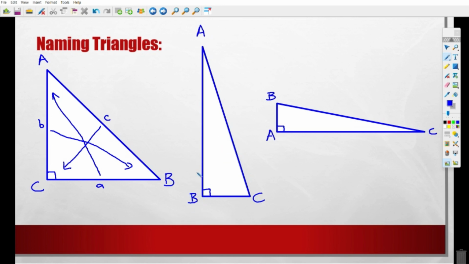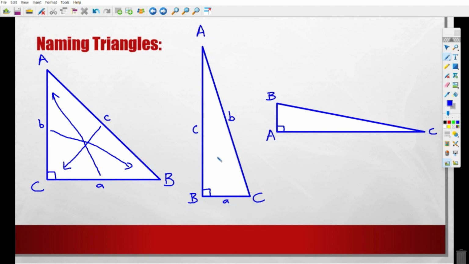It's angle B, so I can call this side little b. This side over here, what can I call this side? Little c, because opposite this side is angle C. And then BC, I can call little a. Hoping that's not too difficult.